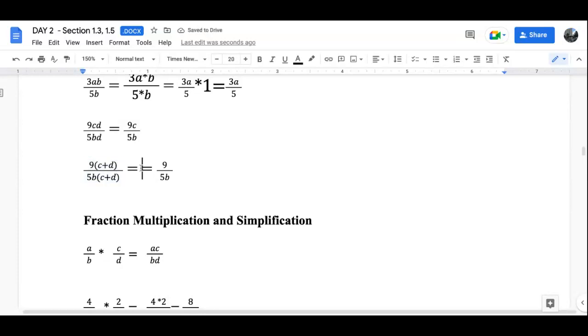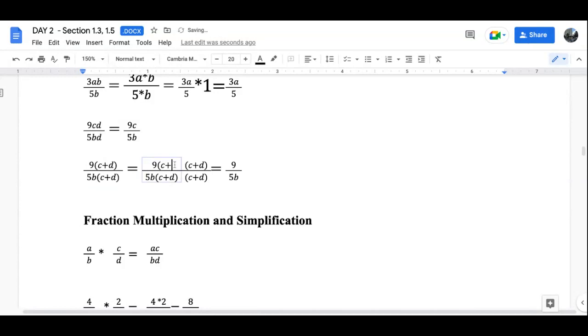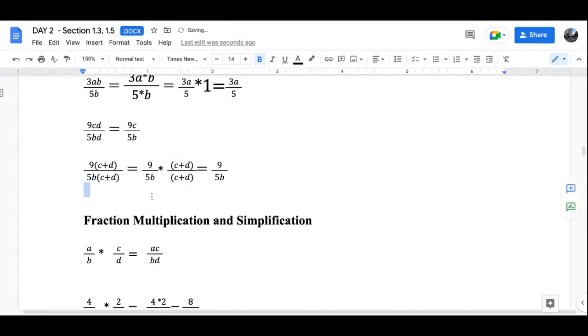All right. Because there's a 1 there. See this. This is multiplication and division. I can write this way. Right? Multiply. I write like this. 9 multiply c plus d, 5b times c plus d.